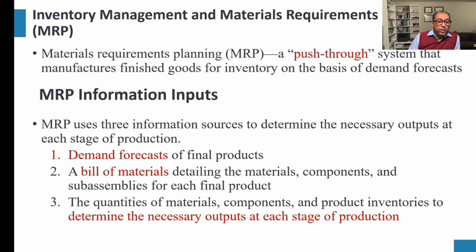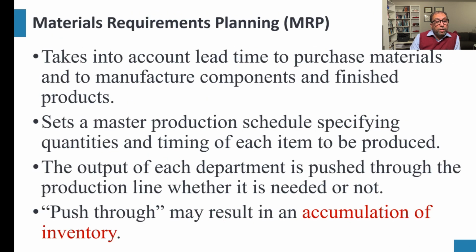MRP uses three information sources to determine necessary outputs at each stage of production: demand forecasts of the final products, a bill of materials detailing the materials, components, and sub-assemblies for each final product, and the quantities of materials, components, and products in inventories.